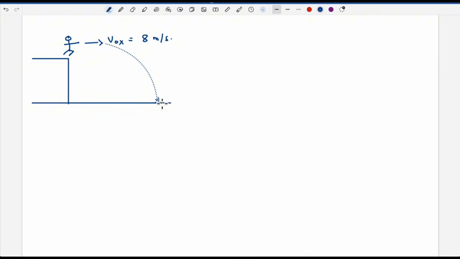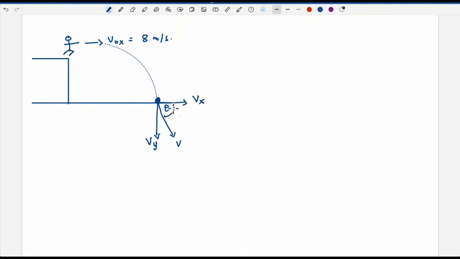Now, we are interested in finding the speed at this point, the impact speed. All right, so the impact speed at this point will be composed of the horizontal speed, Vx, some vertical speed, Vy, and then the magnitude of that speed, which is V. And this makes an angle of theta with the horizontal.